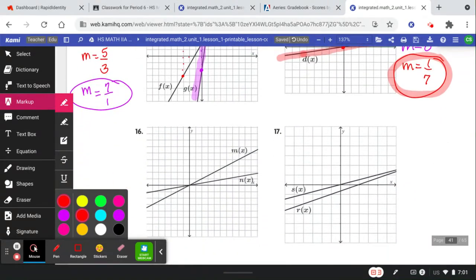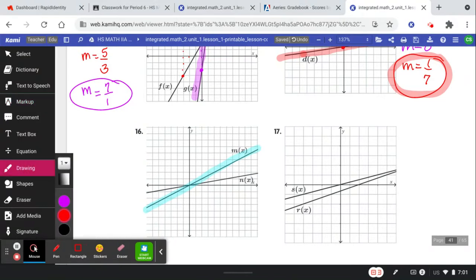Okay, looking at this next one, we've now got names for the functions m of x and n of x. So again, if you're getting good at this whole steeper versus not as steep, this one right here is the steeper line, but let's look at the actual slopes. So the slope on this guy, if I start on this corner, actually let me use a different color, hang on. If I start on this corner here and I count to this corner here, it's up 2, 1, 2, oh, looks like actually we've got an up 1 over 2 slope.